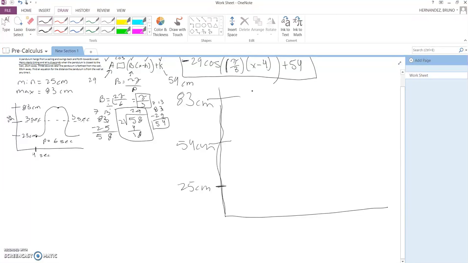So when doing so, now we can actually plot our graph. Here is our starting point, which is 4 seconds, which indicates time, and this indicates distance from the wall.